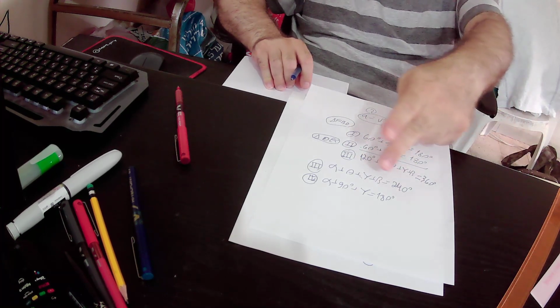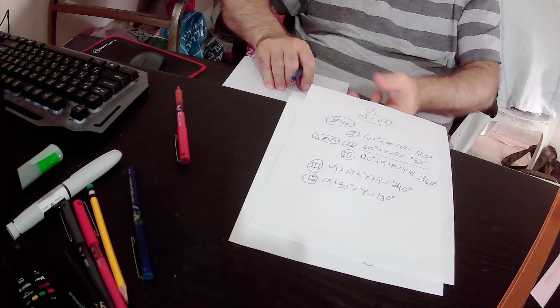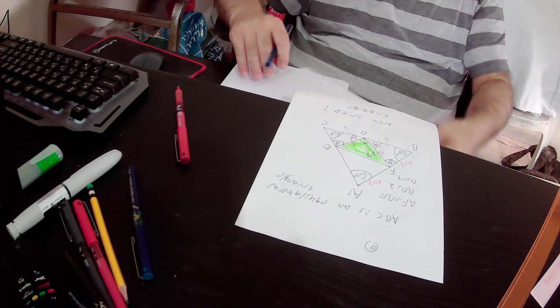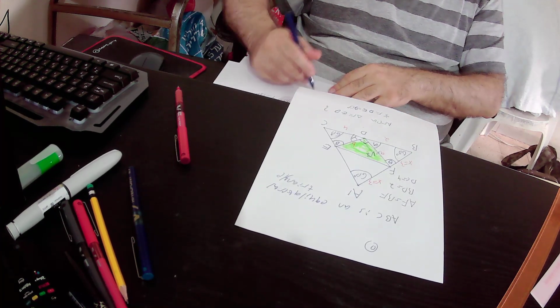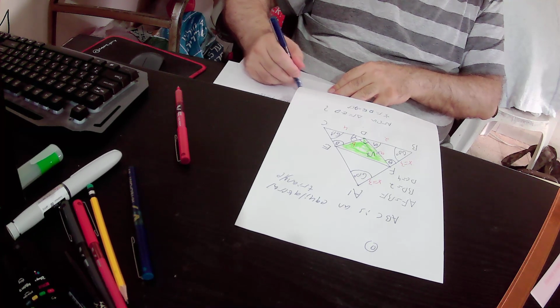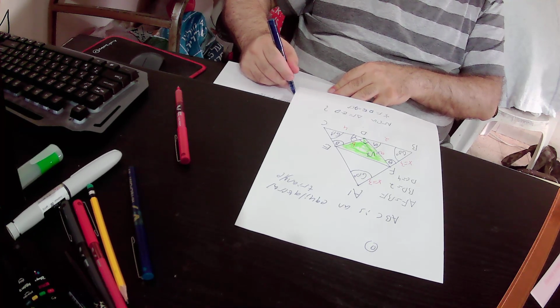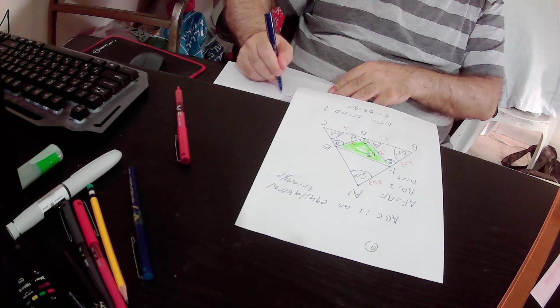We will subtract 90 degrees from the fourth equation, and we will get that alpha plus gamma equals 90 degrees.